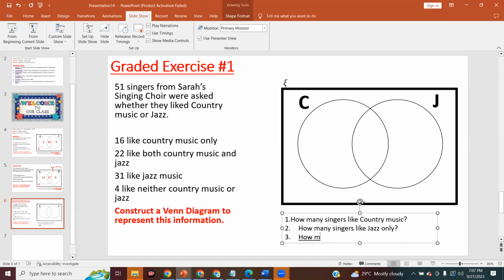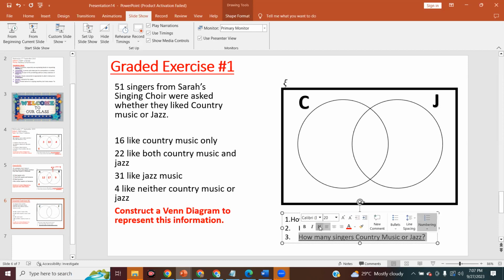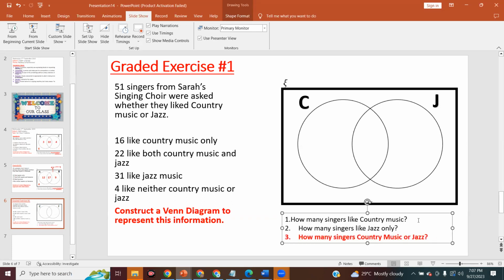How many singers like country music or jazz? If you were paying attention yesterday, you would be able to get this one. That's a bonus, number 3.